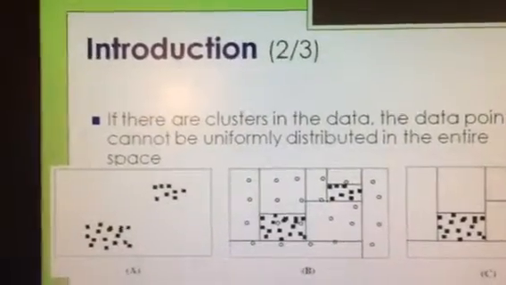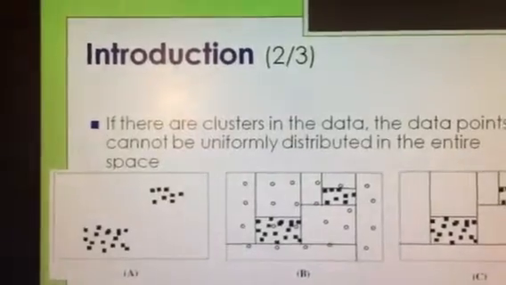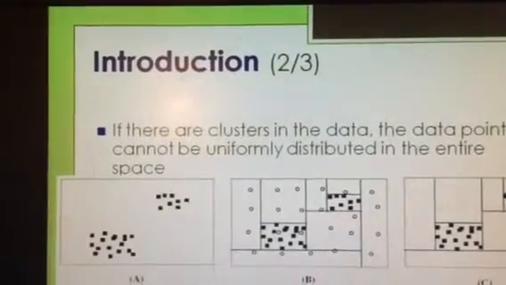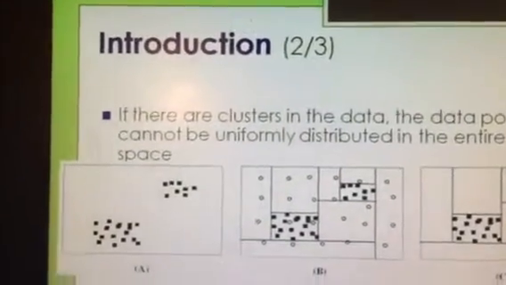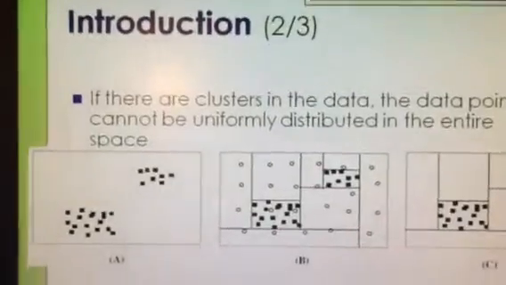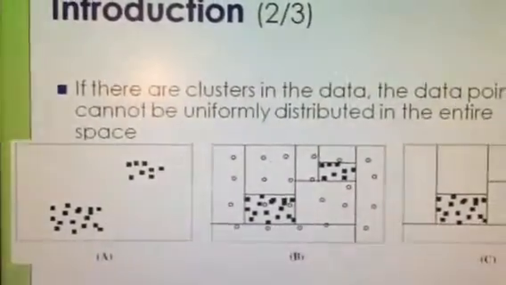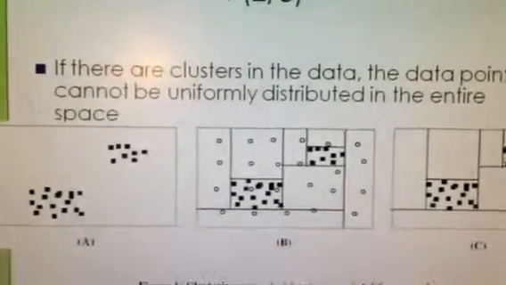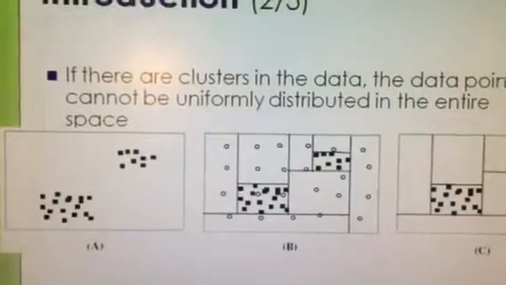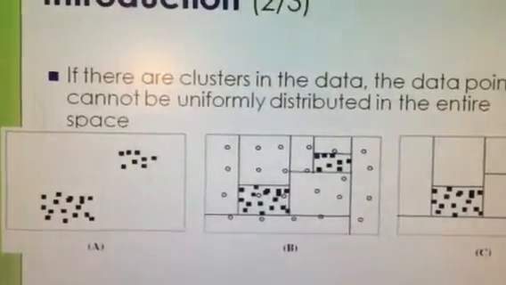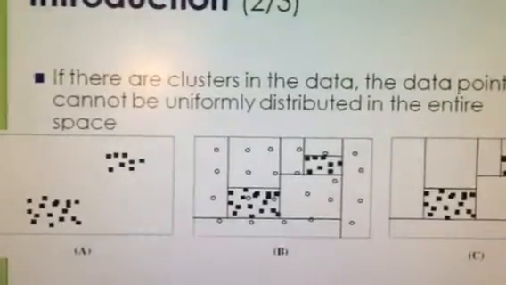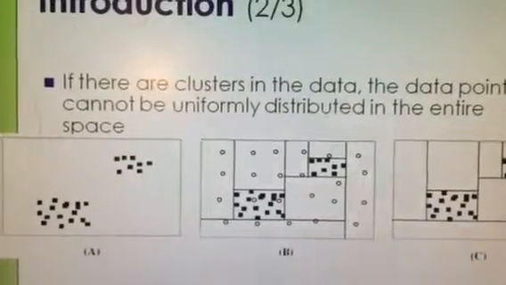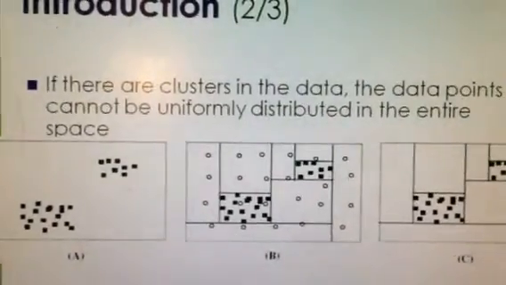The issue is that if there are clusters, the data points cannot be uniformly distributed in the entire space. Now, if you look at diagram A, those black dots you're looking at are data that are collected. That is, they have common attributes. So in order to extract the ones that are useful, there must be a method on how to partition the data and extract the ones that are useful and the ones that are not useful.